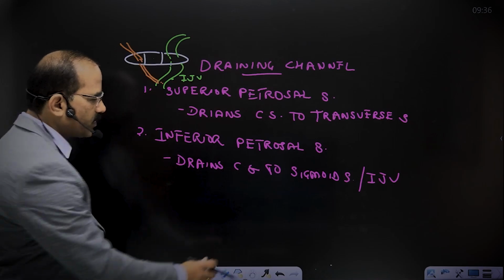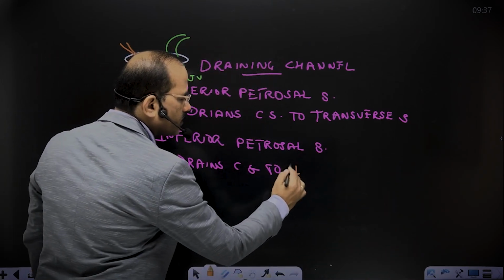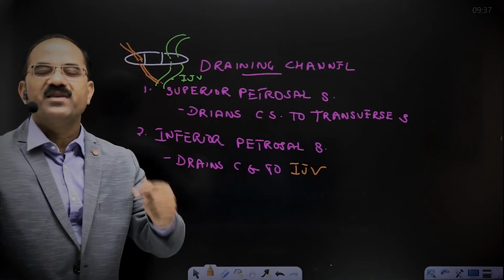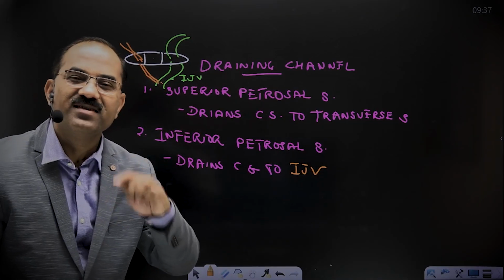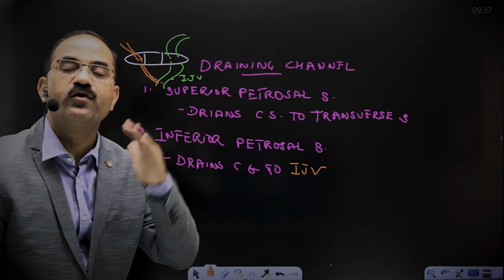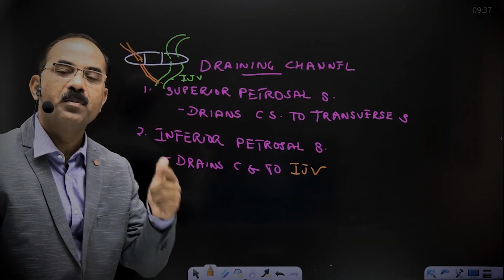So it drains the cavernous sinus to, let me make this correction here, the internal jugular vein. In fact, you may get an MCQ asking: the first tributary of the internal jugular vein is? Your answer is the inferior petrosal sinus.